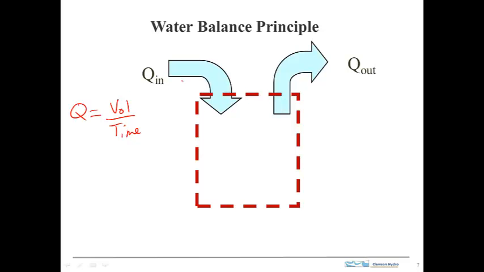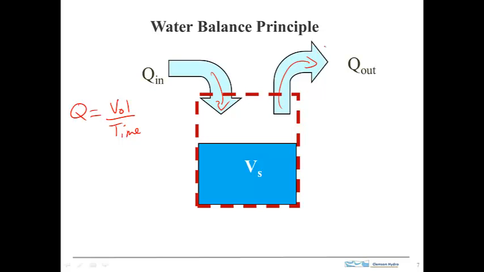And so the third thing that we need to consider is the volume of water that's stored in the control volume. If the flow rate coming in exceeds the flow going out, then we have water accumulating in the control volume, and the water level would rise, like so.